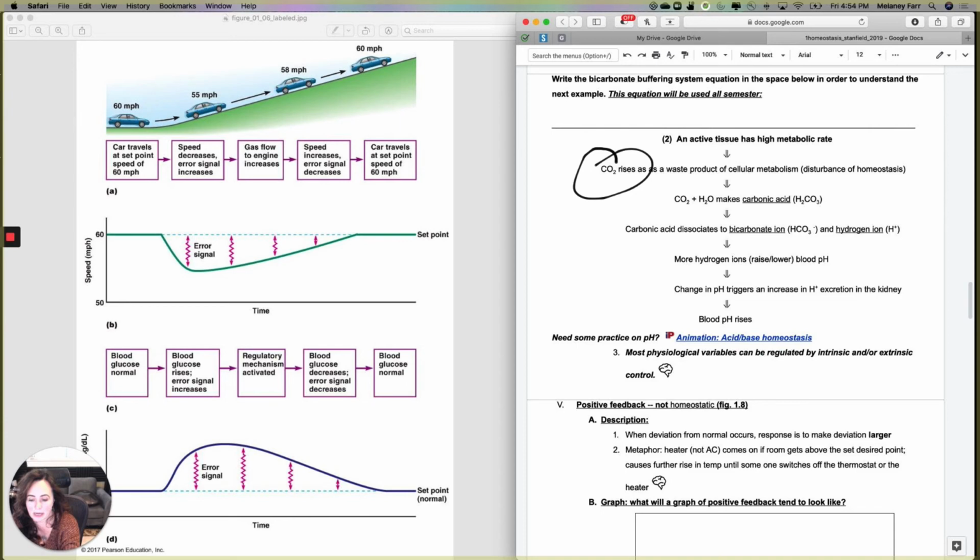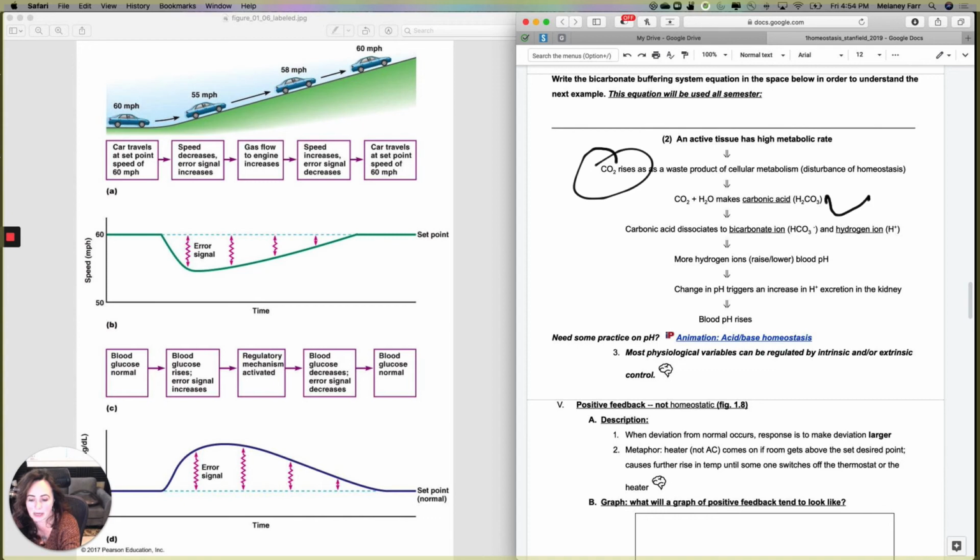You get carbon dioxide as a byproduct of aerobic cellular respiration. And then, of course, we know that CO2 and H2O makes carbonic acid, which is H2CO3. And then carbonic acid will dissociate to the bicarbonate ion, which is HCO3 minus, and the hydrogen ion. So this is all that in that equation.